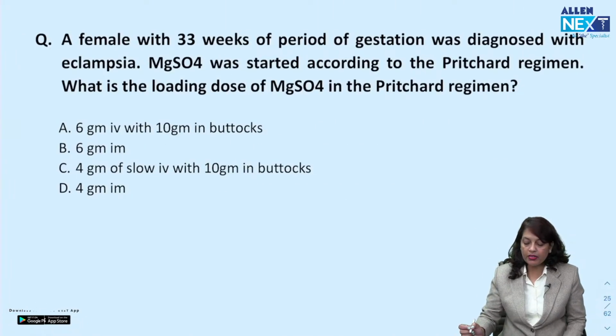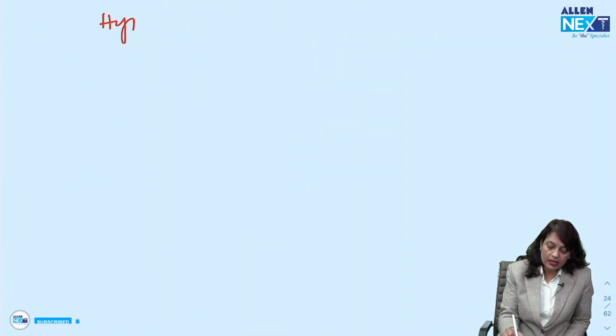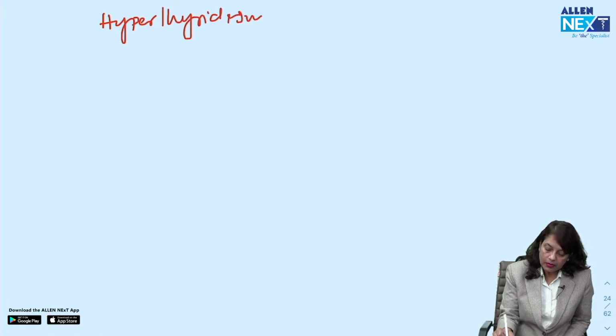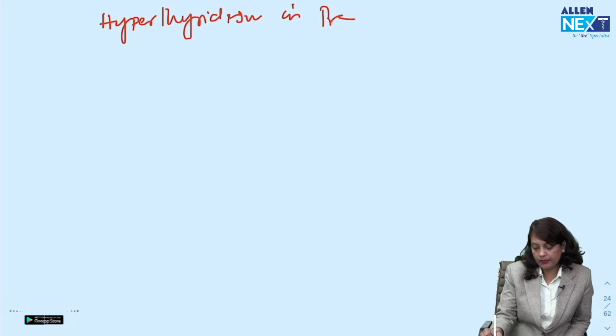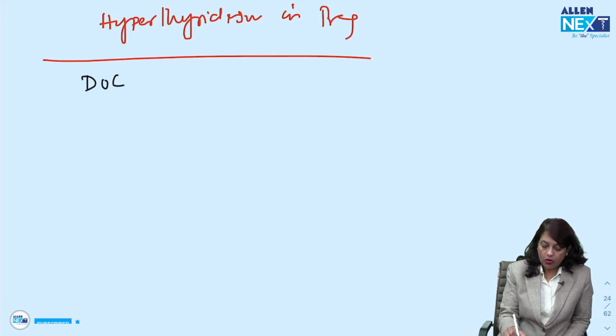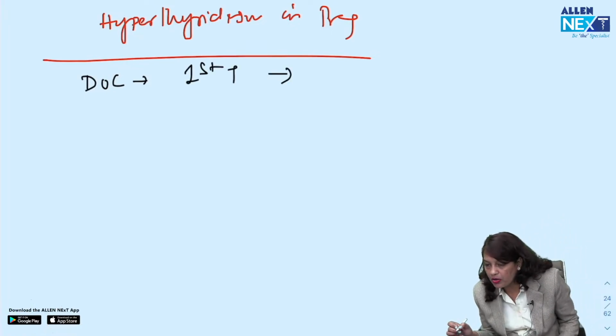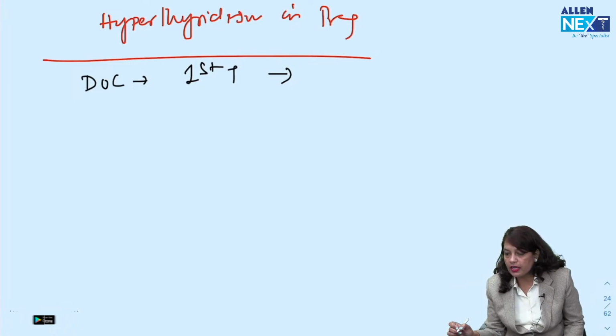Next, a female with 33 weeks. First tell me, if the patient is having hyperthyroidism in pregnancy, what is the drug of choice in the first trimester of pregnancy? You can write down in the chat box.